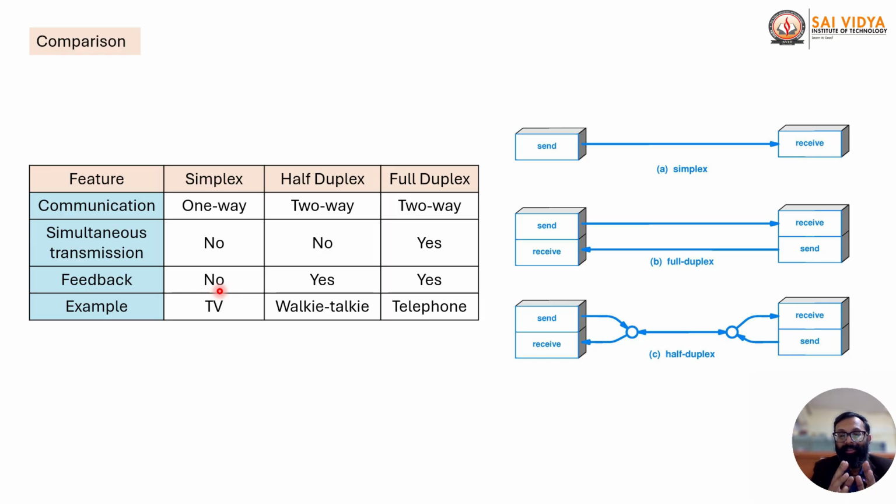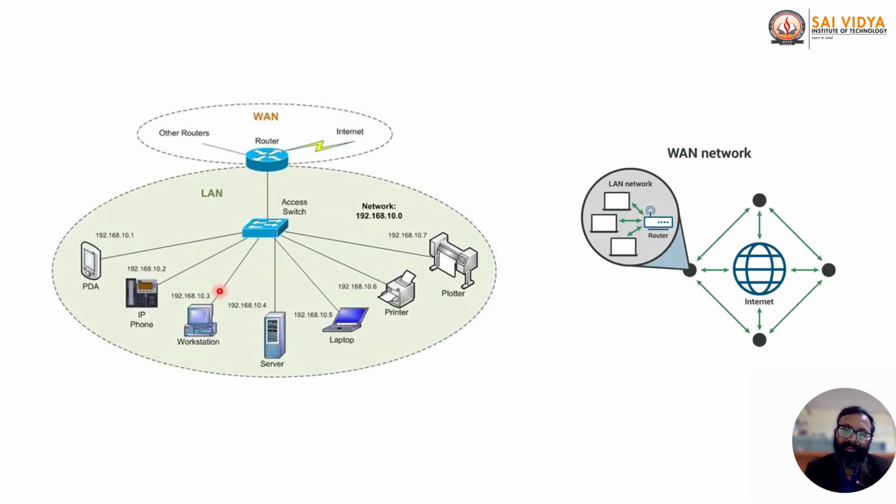Half duplex is a walkie-talkie, where feedback is given by the receiver. Then full duplex is a two-way communication. An example is the telephone, where simultaneous transmission is possible.